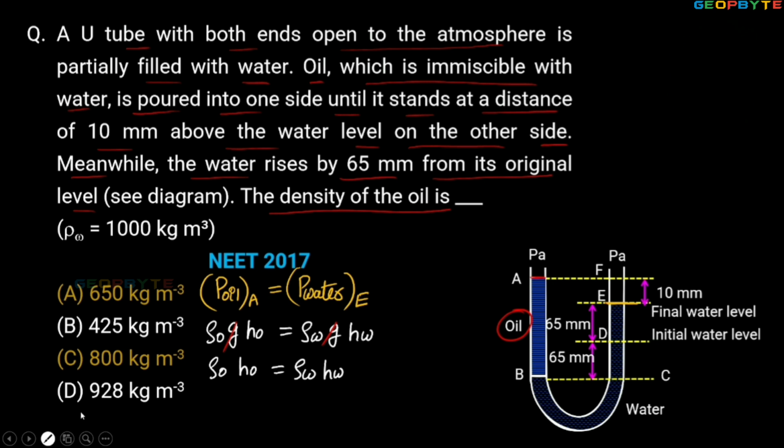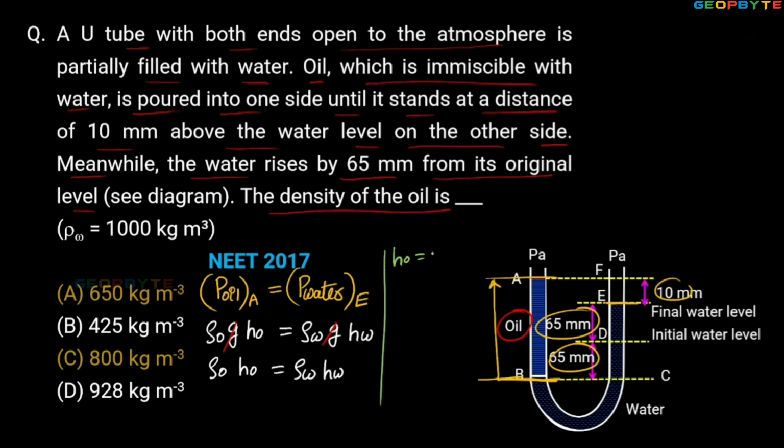Now look at the height of oil with respect to bottom. With respect to bottom, this is the height of the oil. Let me write it clearly. h of the oil equals 65 plus 65 plus 10, equal to 140 millimeter.